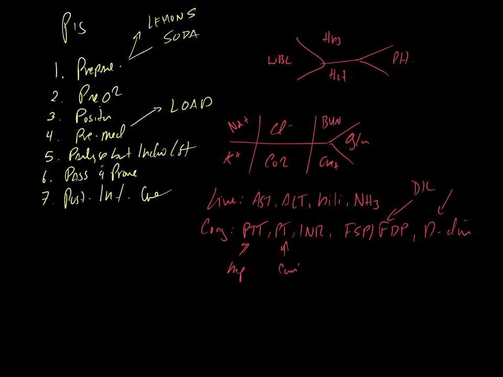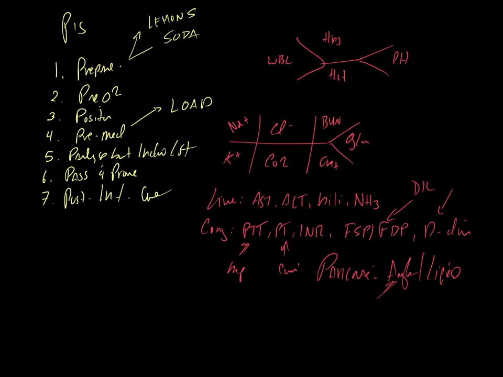Good. How about the pancreas? Good. The amylase, lipase. All right, well, remember that injury to the face can cause an elevation in your amylase because of the salivary glands. Good. Okay. It's lipase.